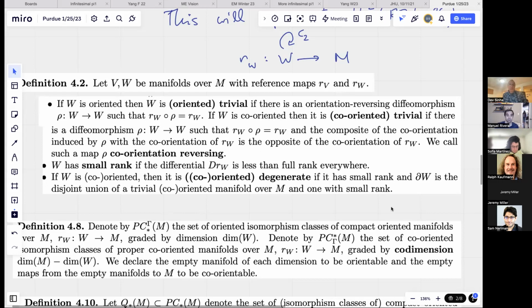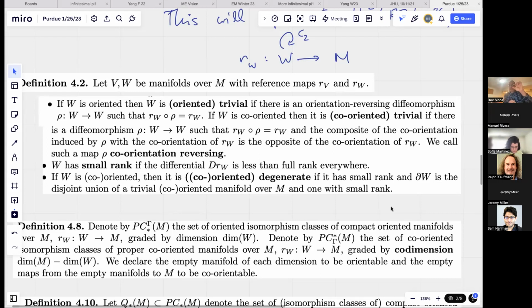Then we say it's small rank if it's less than full rank everywhere. In particular, if the dimension of W is greater than the dimension of M. And then it's degenerate if it has small rank and the boundary is the union of something trivial and something with small rank.